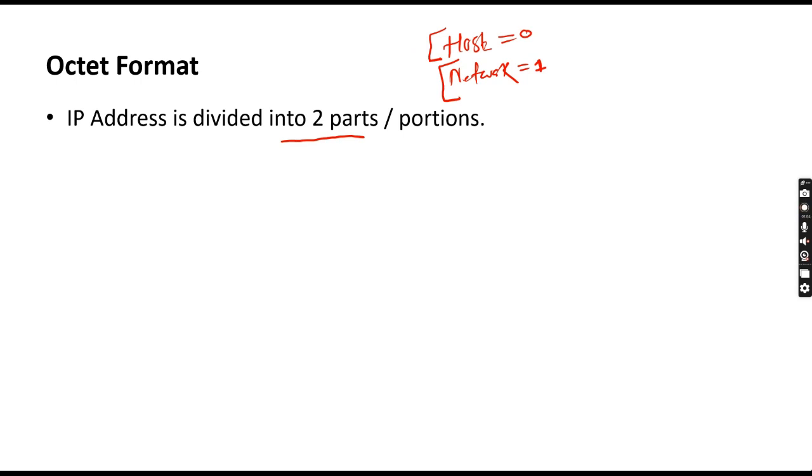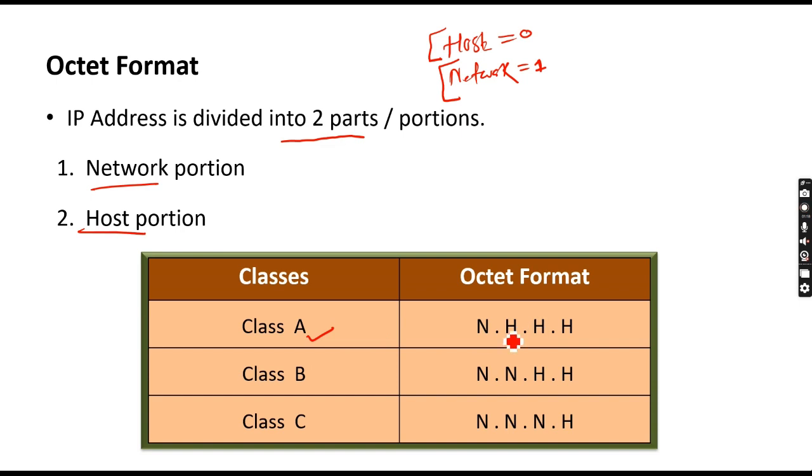In class A, B and C there are some network portions which are reserved, and some host portions which can be changed. Let us try and understand. For class A there is one network portion and the rest are host portions.